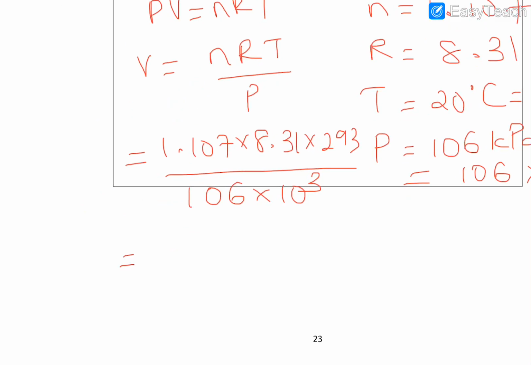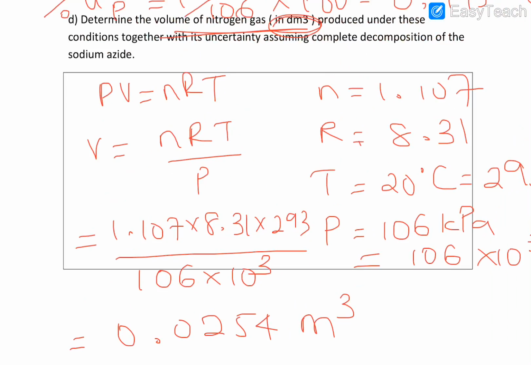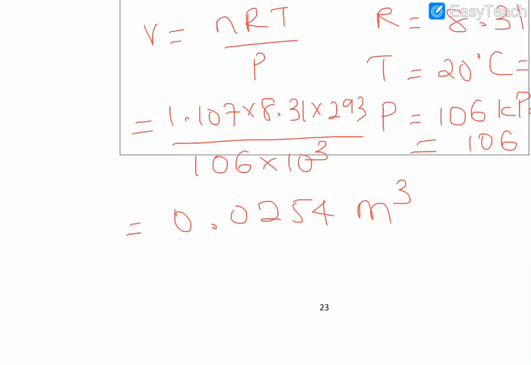And when I do this, I'm going to get the value in meter cube. So that's 0.0254 meter cube. Convert meter cube to dm cube. So I'm going to multiply by 1,000. So that's going to give me 25.4 dm cube.